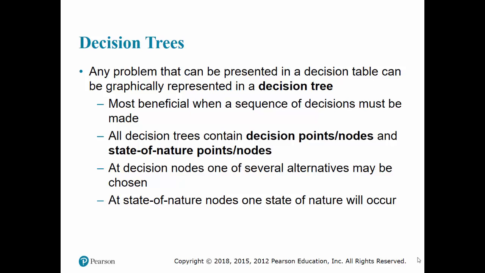The next topic is decision trees, and the main difference between decision tables and decision trees is decision trees allow us to analyze multi-stage decision making. So one decision leads to another decision and another decision.